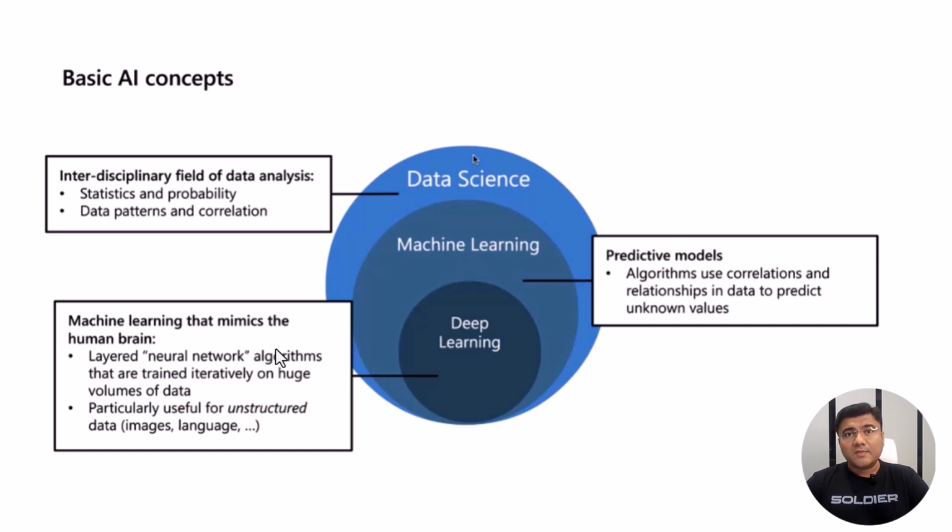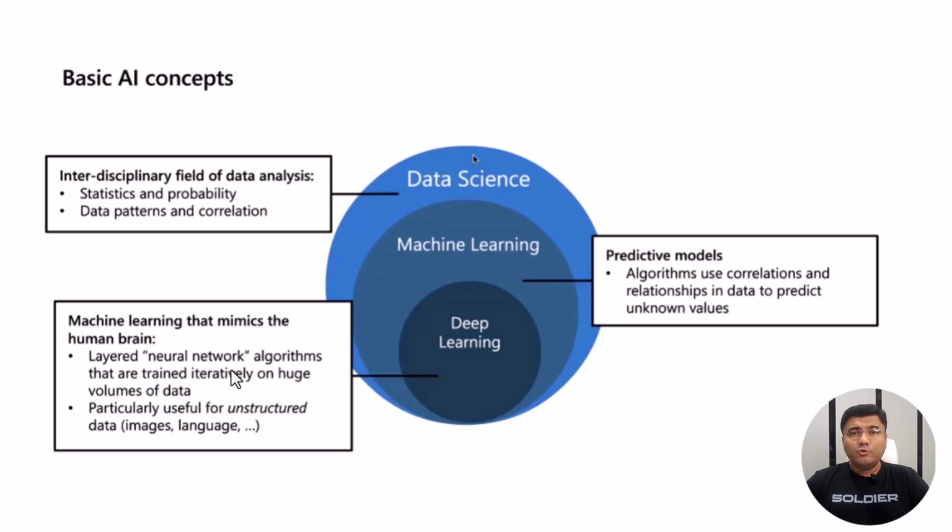So when you see something, hear something, or read something, you are able to understand it because your brain neurons are processing that information. Even right now, whatever I am saying, you are able to understand because of those neurons. Deep learning has created a mechanism which tries to mimic these human brain neurons, and that is what they call a neural network.